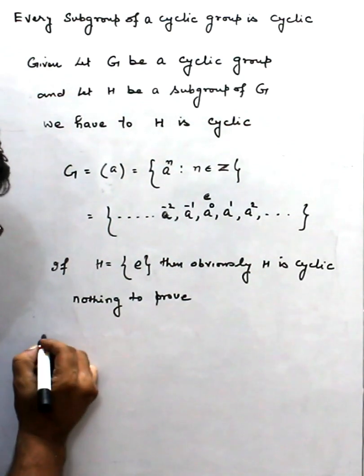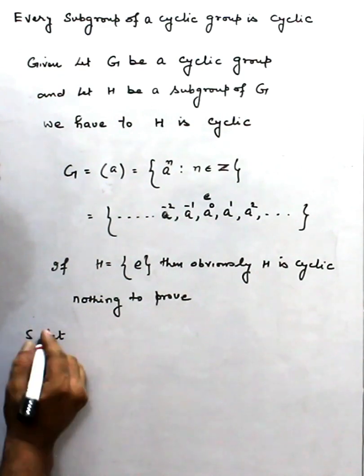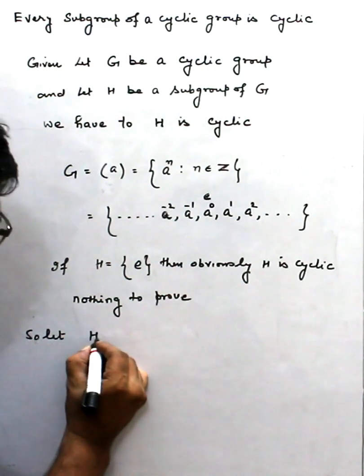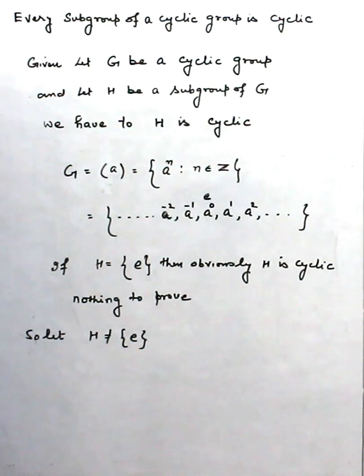So let H be not equal to the identity set.